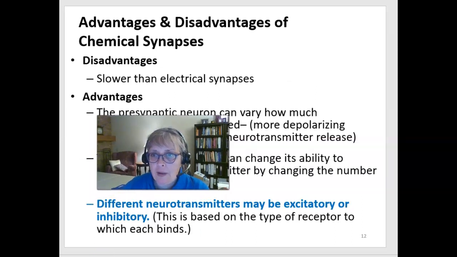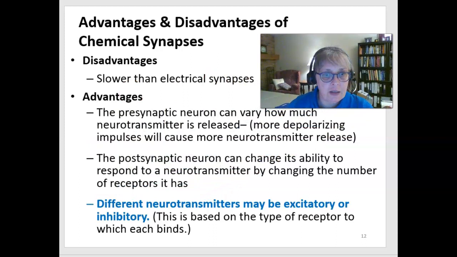Okay, let's talk about the advantages of chemical synapses. A disadvantage to a chemical synapse is that it's slower than electrical synapses. But there are so many advantages.